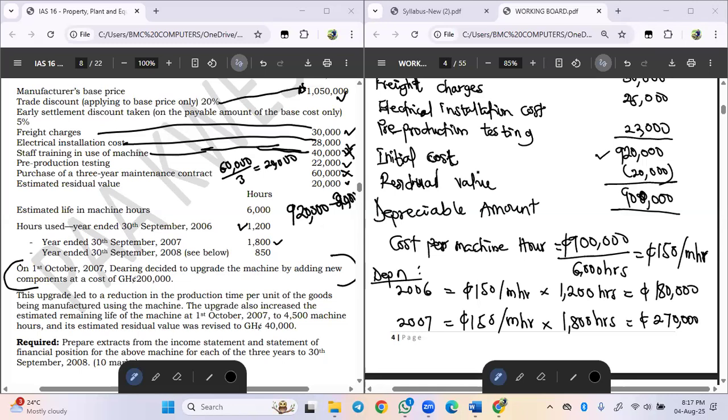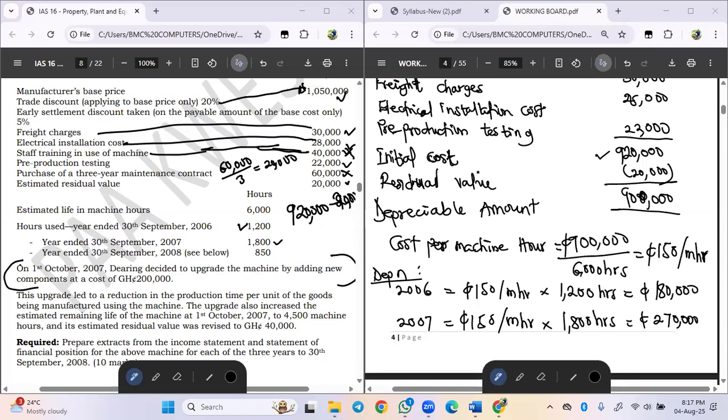So my understanding is that for the depreciation for 2007, we would have prorated by 9 or 10 months, up to 30th September 2007. And then after the upgrade, we would have calculated a new depreciation for the 2 months. Okay, so you are right in what you said.